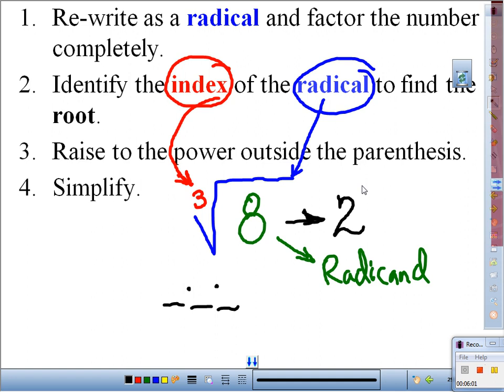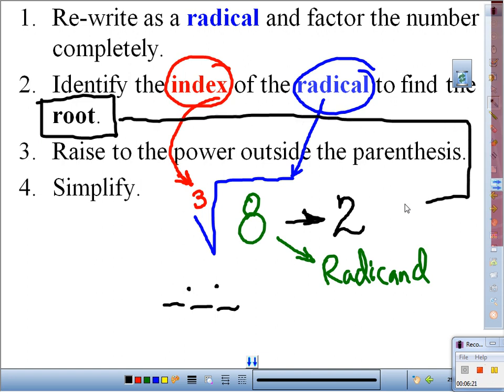Tell your neighbor the name of this number that we just found. That is correct. The correct answer is root. Label that, please. And that's how you simplify these kinds of expressions.